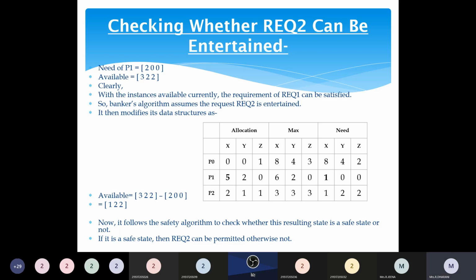It then modifies the data structure as available is equal to 322 minus 200 and the current availability is 122. So now it follows the safety algorithm to check whether this resulting state is a safe state or not. If it is a safe state, then request 2 can be permitted, otherwise not.